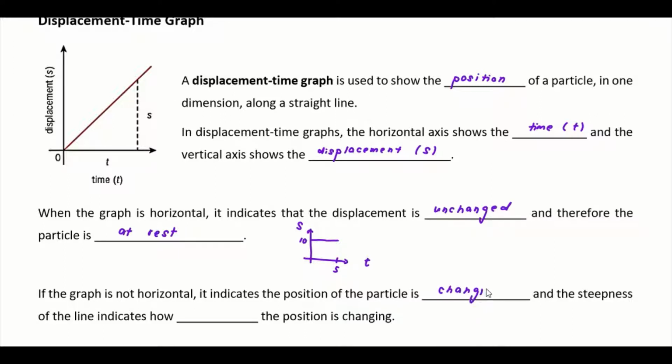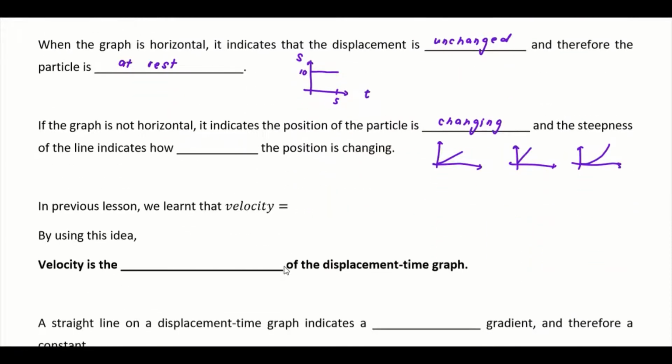No matter which type of graph we are talking about, things like this, or like this, or even a graph that looks like a half quadratic, as long as the line is not horizontal, the position of the particle is changing. The steepness, meaning the gradient of the line, indicates how quickly the position changes.